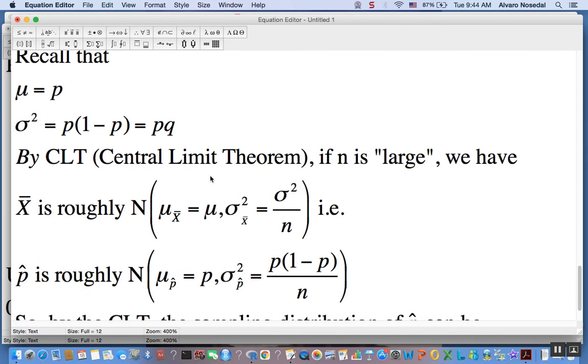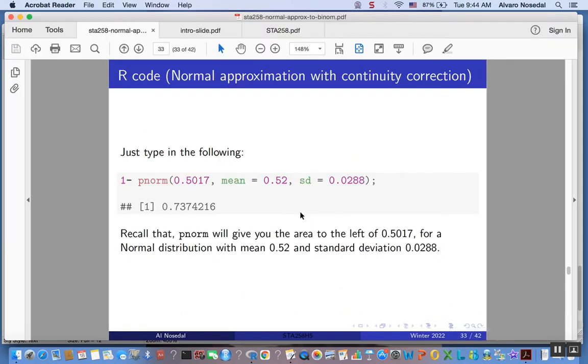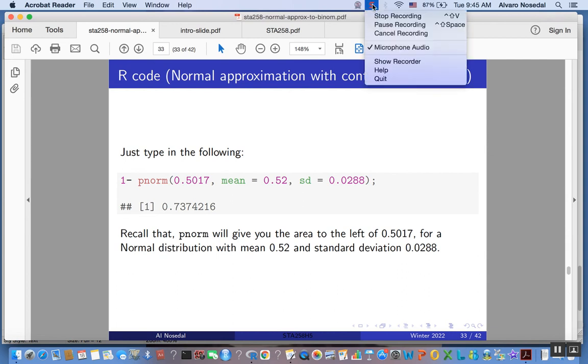And then at the very end, what we said is that if you're approximating the distribution of p hat with a normal, what you could do to improve your approximation is use something called a continuity correction.